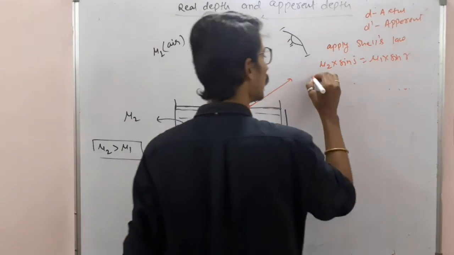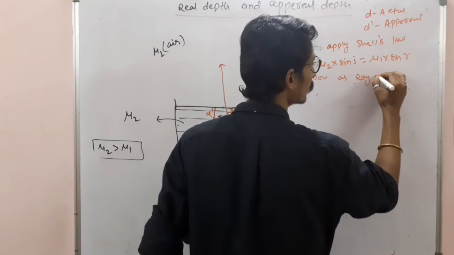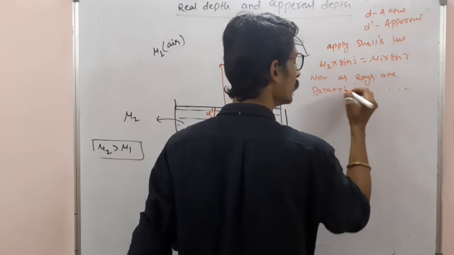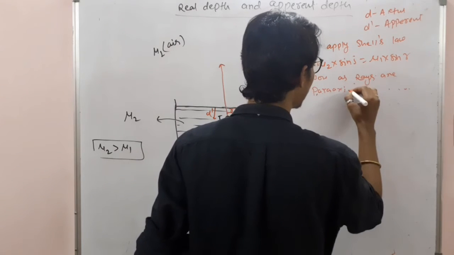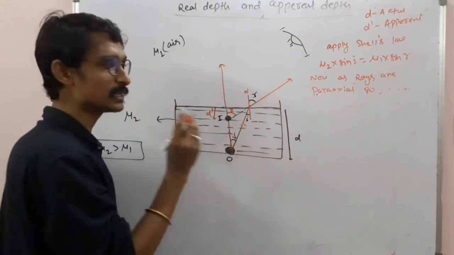Very good. Now see, as the rays are paraxial, what does it mean? You know this from reflection from the mirror. Paraxial means the angles are very small.